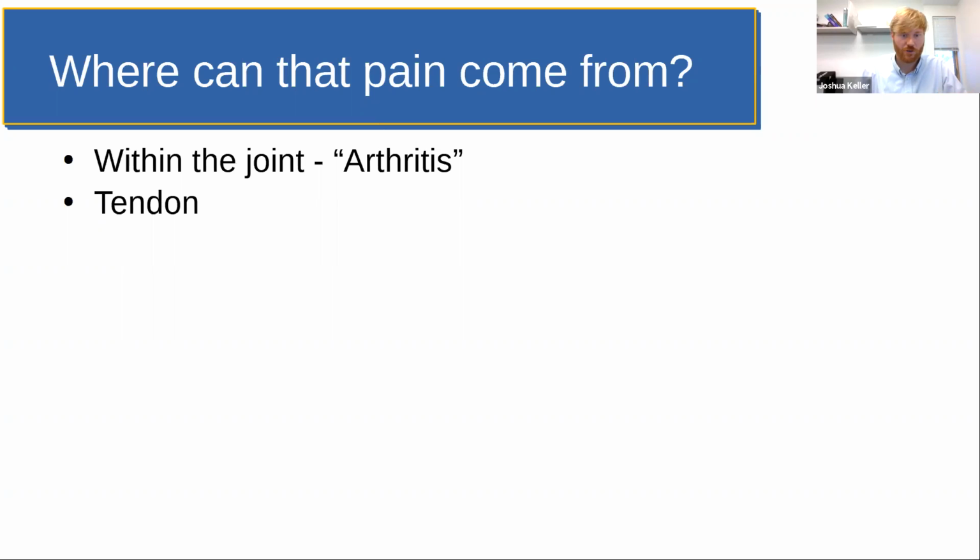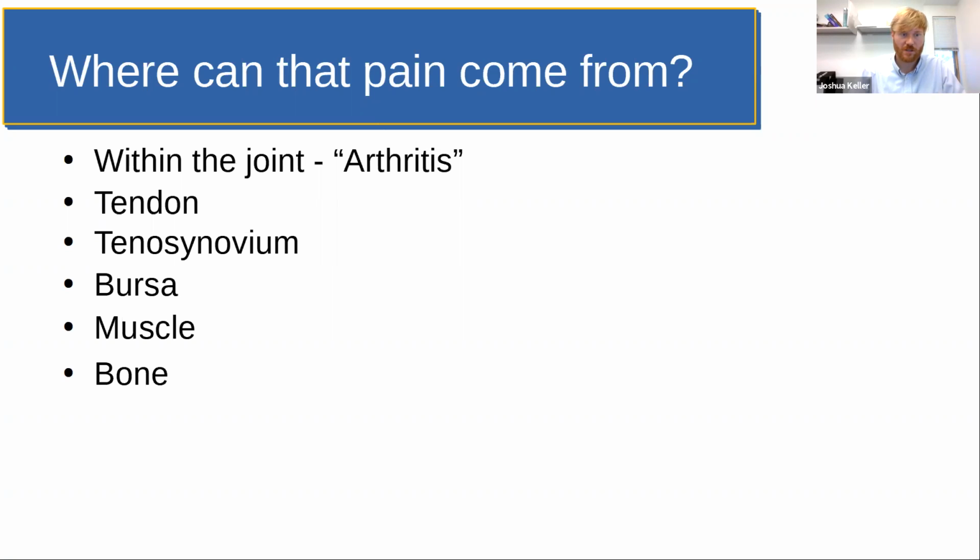There are areas around the joint, periarticular areas, which include the tendon, tenosynovium, bursa, and the muscle. And then there are areas that are a little bit further away, like the bone. And then there are extra-articular causes for pain in an area, which could be neurologic or central pain or referred pain.